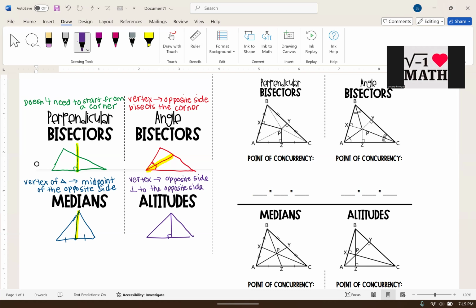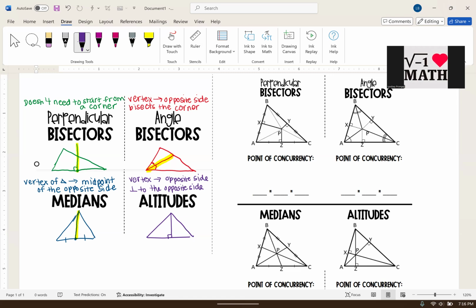Some of them bisect, so perpendicular bisector and medians both cut that side in half. And then angle bisector is kind of just chilling on its own. It doesn't necessarily mesh with the others because that's talking about the relationship amongst the angles of the triangle as opposed to what's going on with that opposite side. So those are our four features that we are going to deal with.